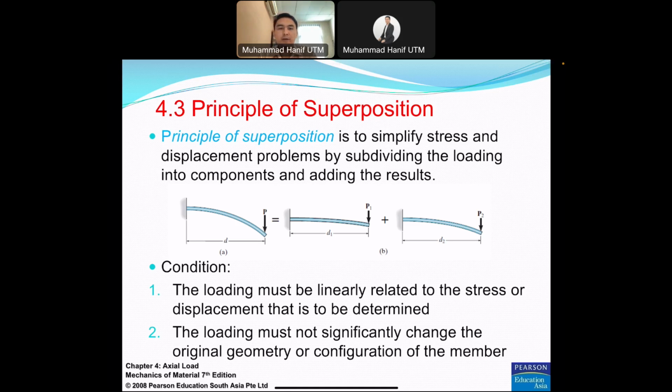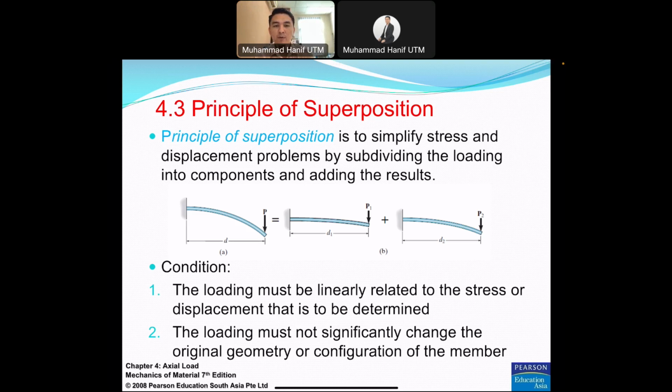Okay, so what is the principle of superposition? Actually, there is a way that we can simplify the equation, or solve the problem. This principle is to simplify the stress and displacement problems by subdividing the loading into components and adding the results together.